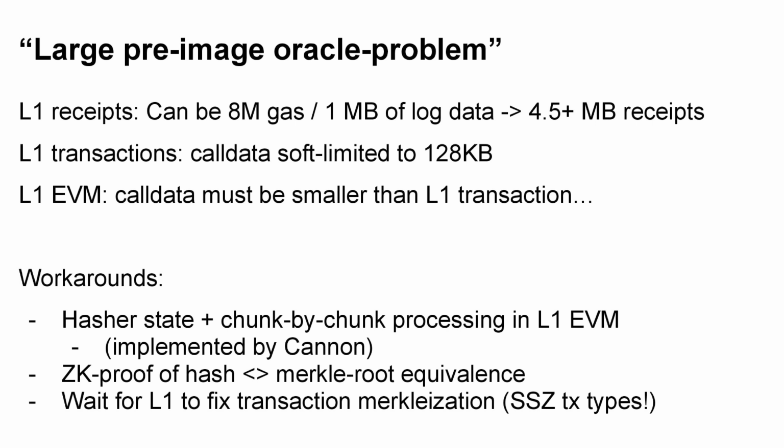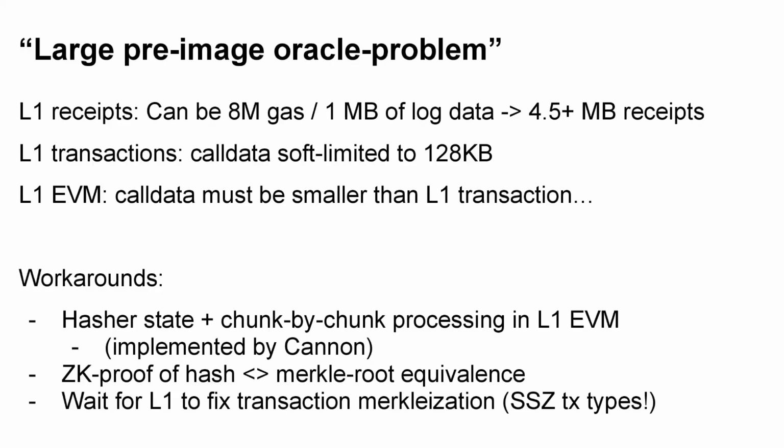By definition, the layer 1 transaction will always be larger than the maximum call data that can be supported in a single transaction, just because the transaction adds a signature and other things. And so we have this limitation where we cannot trust the layer 1 environment with our preimage oracle, and we need to work around this oracle problem where we load part of the transaction instead of the whole thing at once.